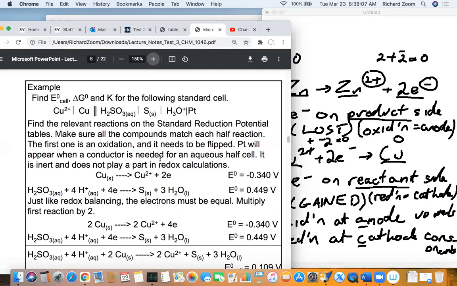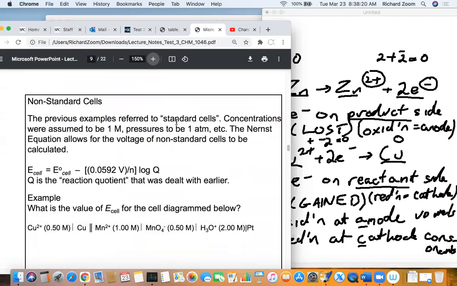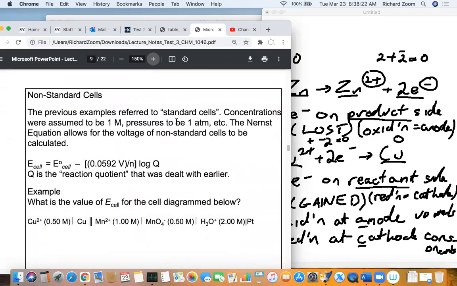And that also means that the solutions here were 1 molar and 1 atmosphere if we're talking about gases. So 1 molar solutions, 1 atmosphere pressures for gases.